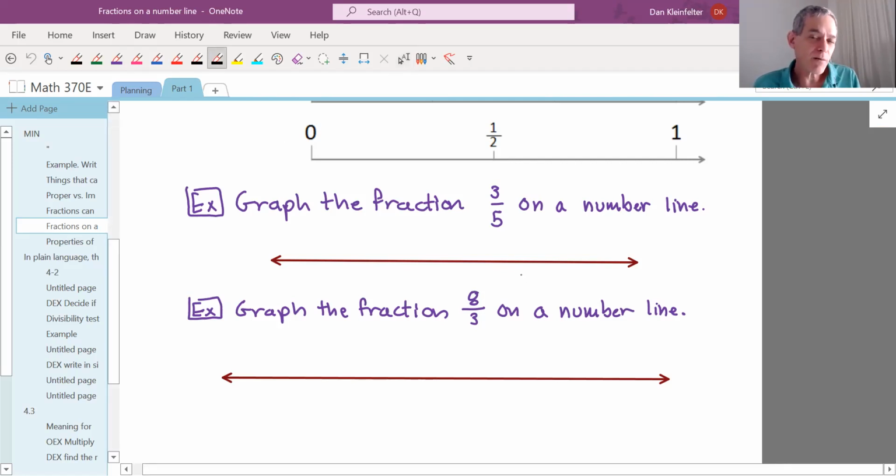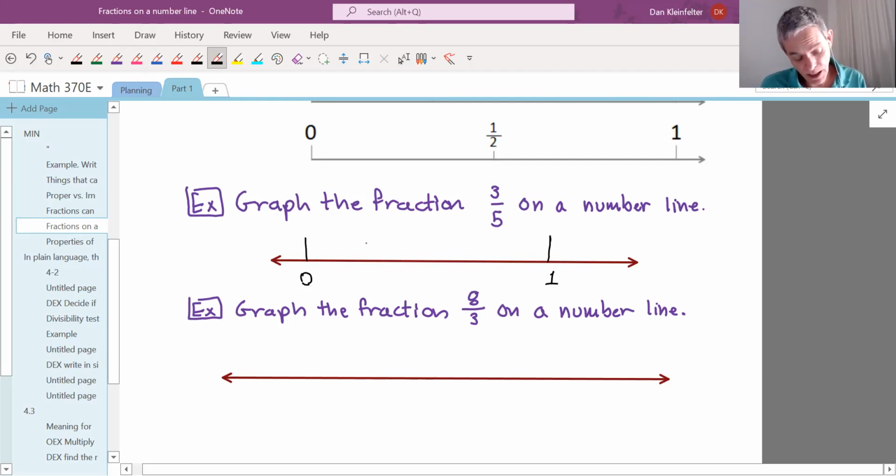All right, so now I want to graph 3/5 on the number line. It's blank so far, so we have a lot of freedom in how we draw this. 3/5 is less than 1, so I'll mark 0 to 1 right here, and then we need fifths. If I need fifths, I'm going to need to make 4 lines in between, and I want to make them equally spaced.